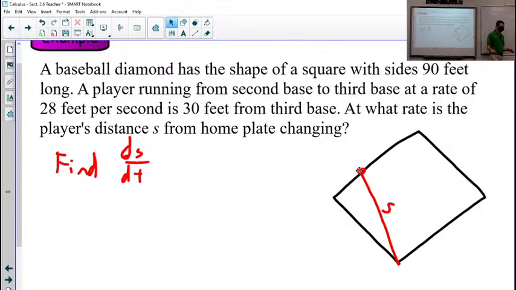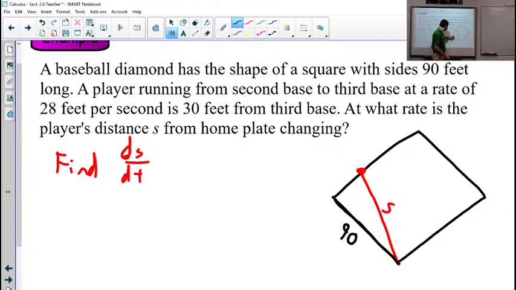All right, and I'm going to show this next thing a little bit differently than I did yesterday. If you wanted to think about it the way that we talked about yesterday, I'll explain that too. But I'm going to show it a little bit differently this time. This distance is 90 feet, and that 90 feet stays 90 feet.